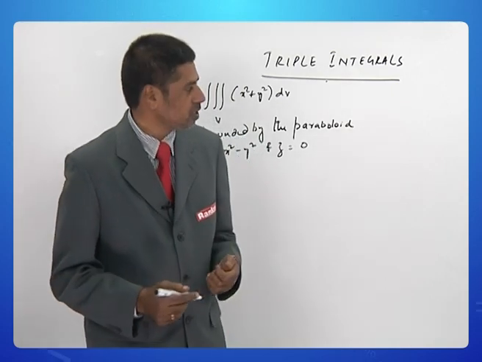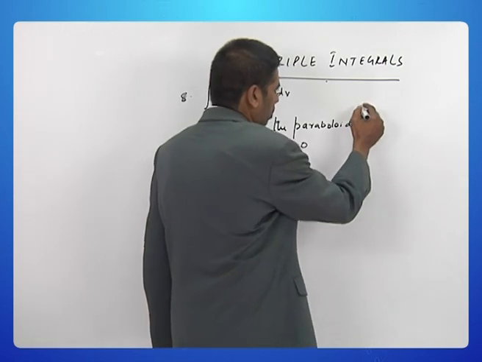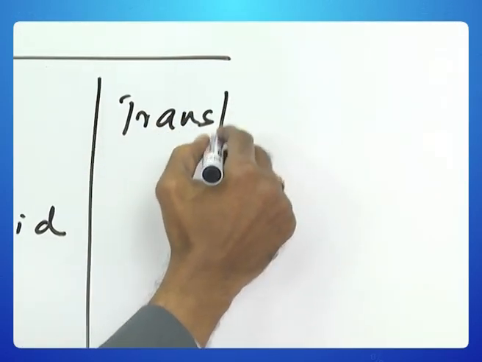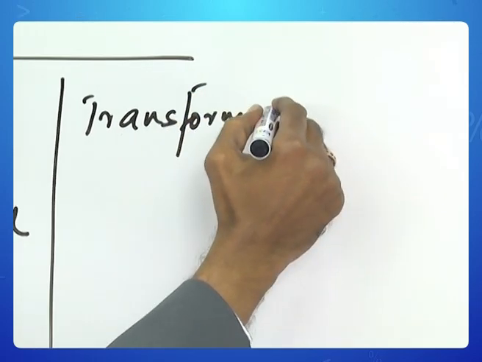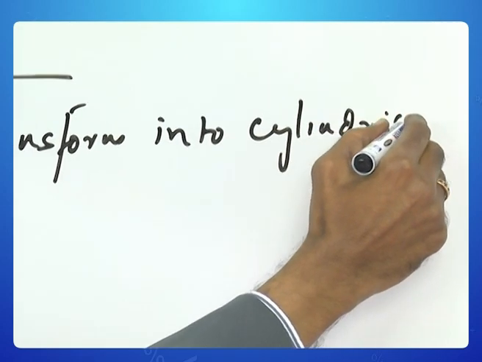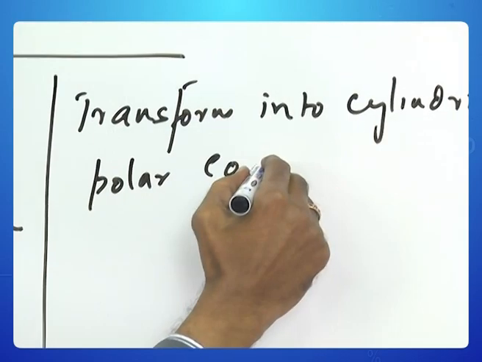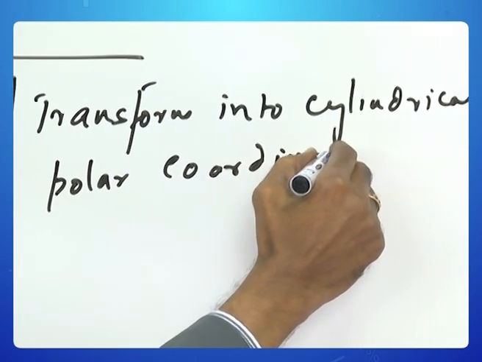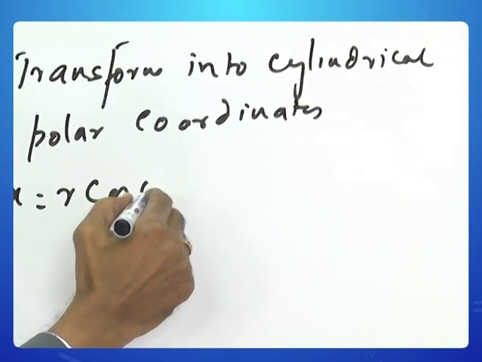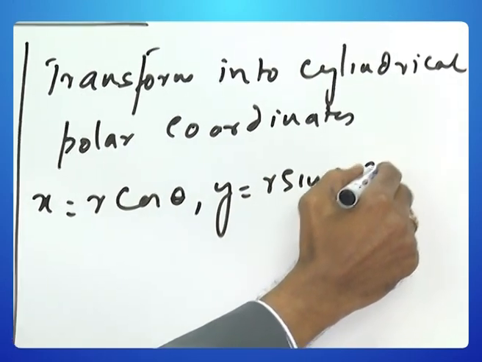Now what are the transformation equations for the triple integrals in cylindrical polar coordinates? So I will write transform into cylindrical polar coordinates. x is equal to r cos theta, y is equal to r sin theta, z is equal to z.